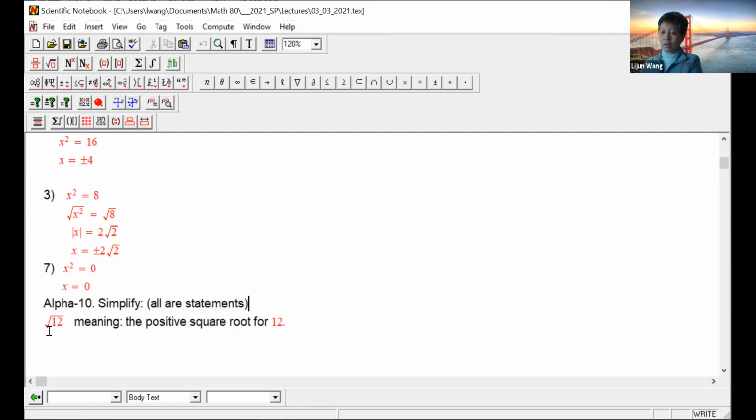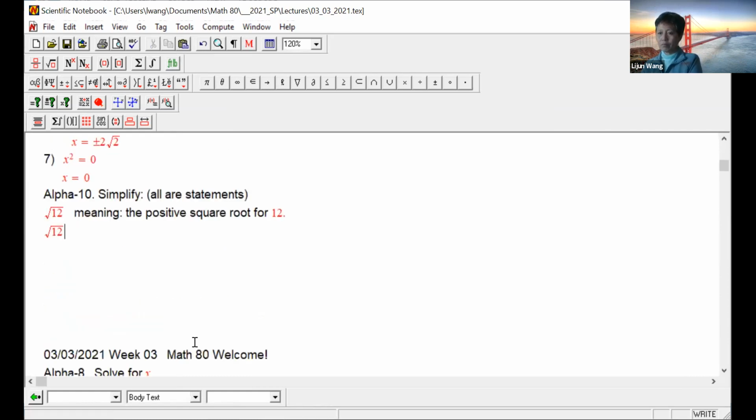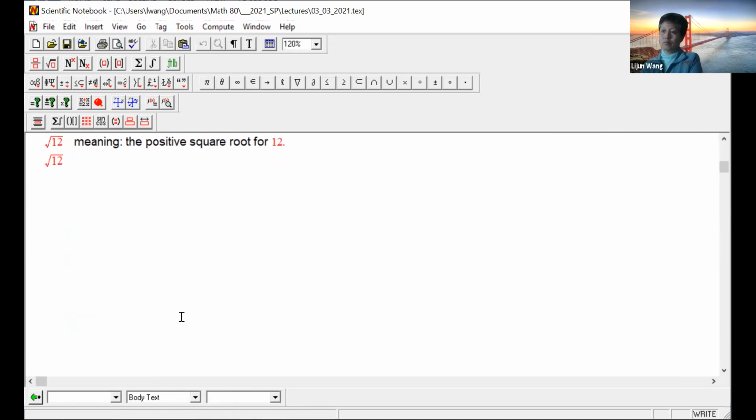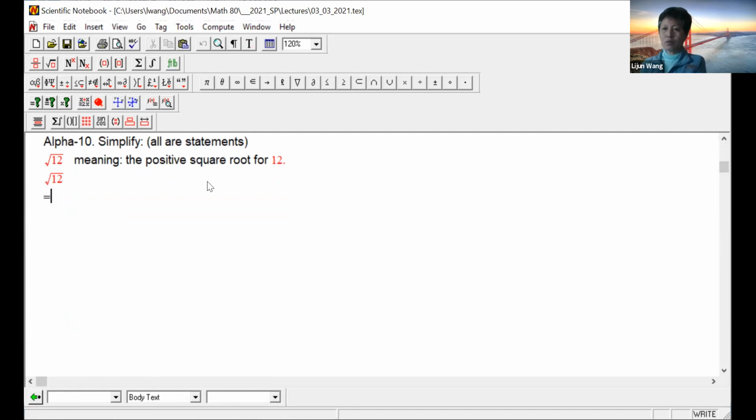For example, root 12. How do we simplify that? Well, root 12 equals root 6 times root 2. It also equals root 4 times root 3. Why not root 6 times root 2?